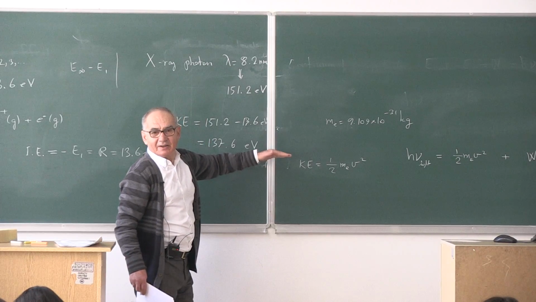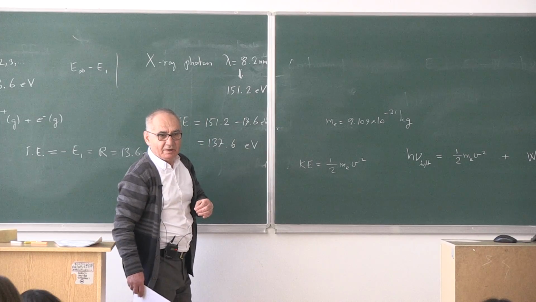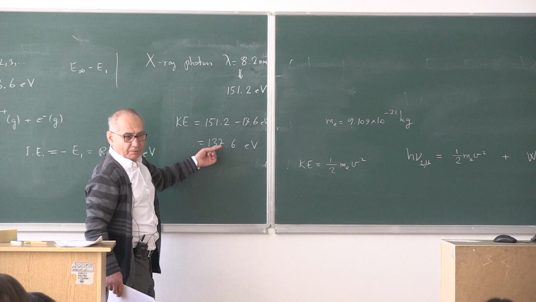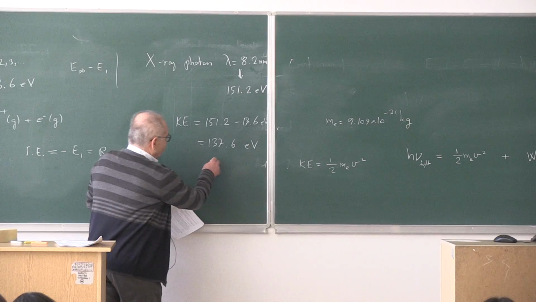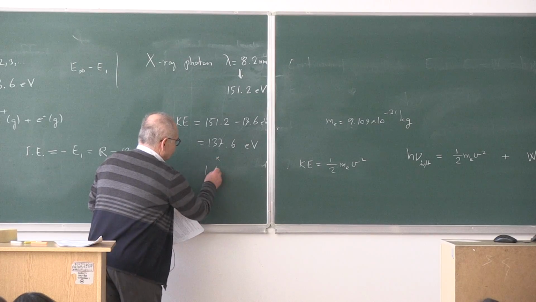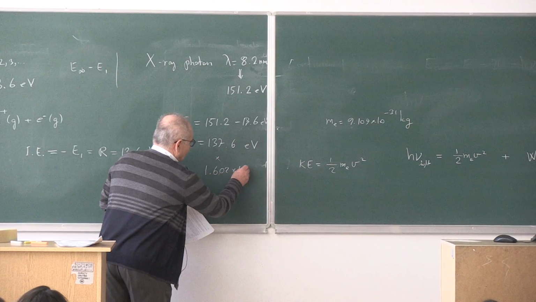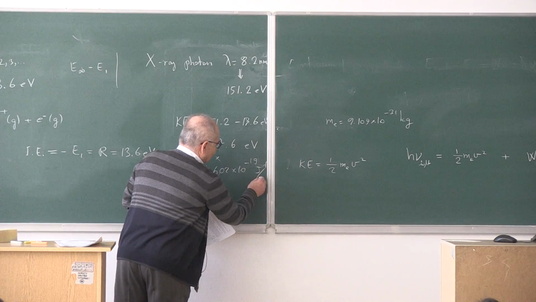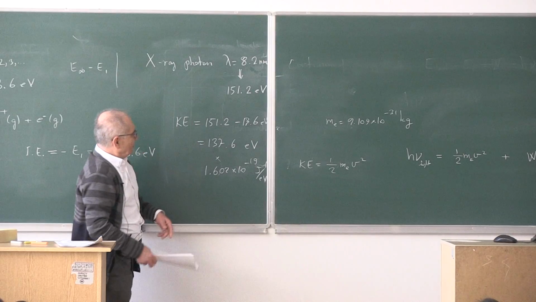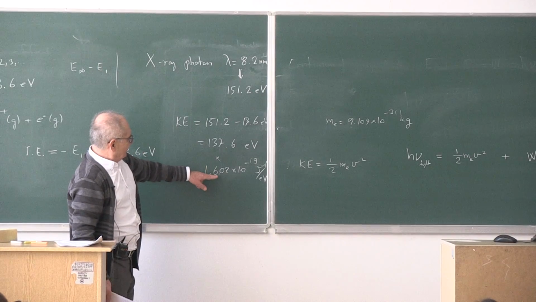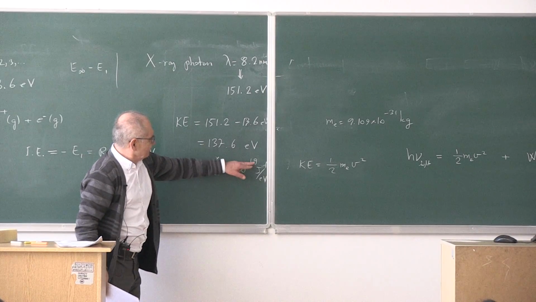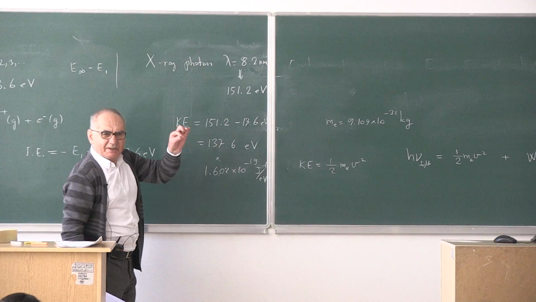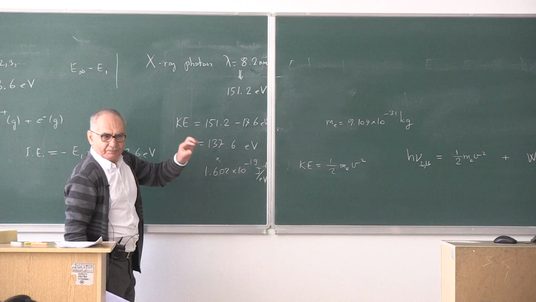What is the SI unit for energy? Joule. Therefore, you will convert this number to joule. How? Multiply it with this, which is the conversion factor. Notice that this number is exactly the same number as magnitude of charge on electron.